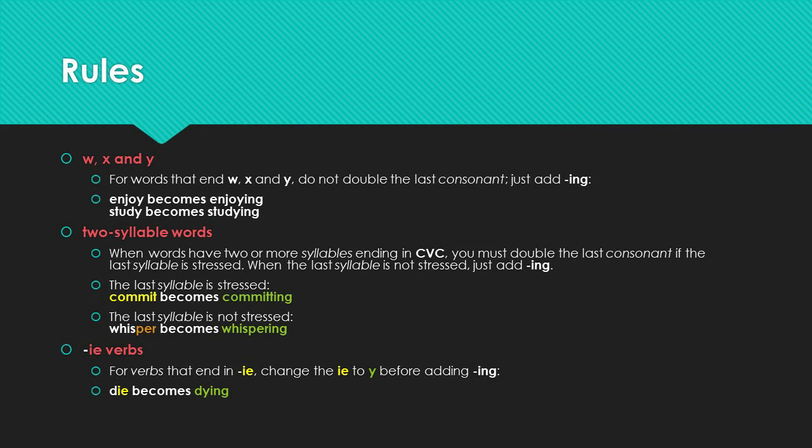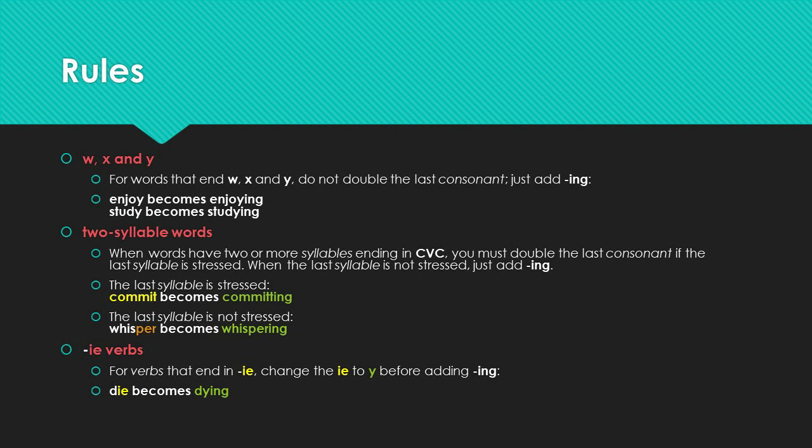So, the next one is when we have a W, X, and Y, right? The rule says that for words or for verbs that end with W, X, and Y, do not double the last consonant. You just need to add ing. For example, enjoy.